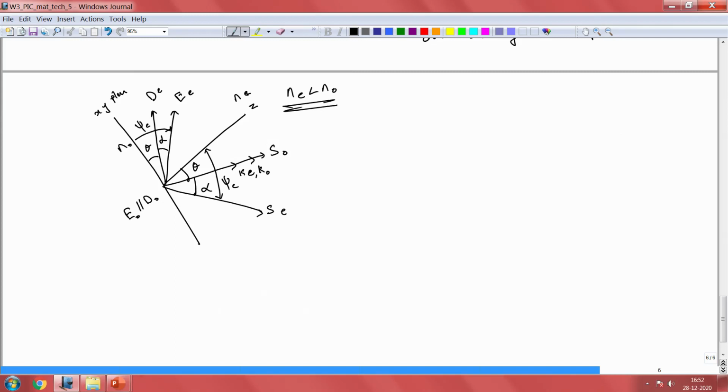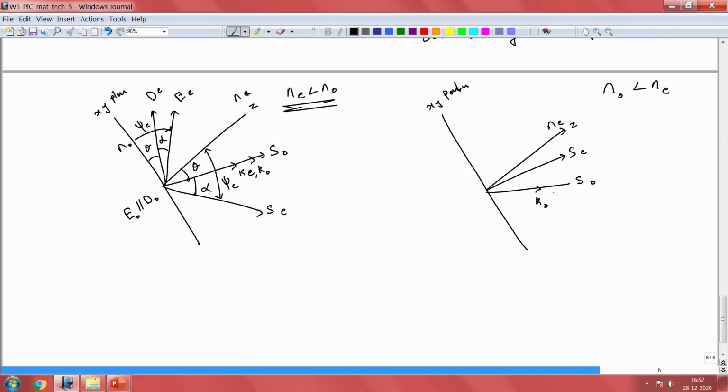If we take another scenario where N naught is less than Ne, the positive and negative uniaxial crystal we saw, the situation slightly changes. In the xy plane, again you have Z and the extraordinary here, and then we have SE and SO. K naught and KE are along the same line.